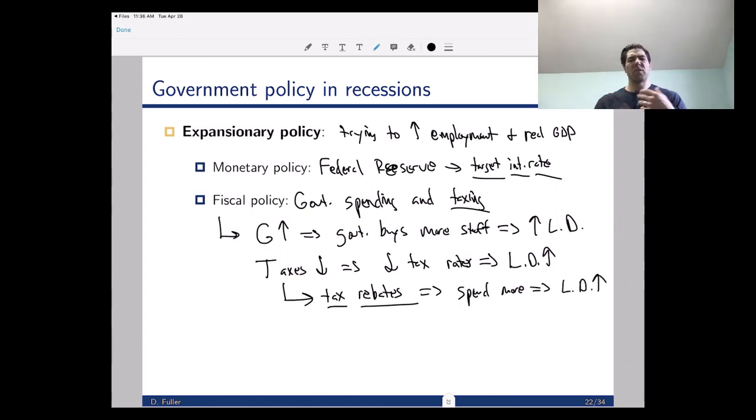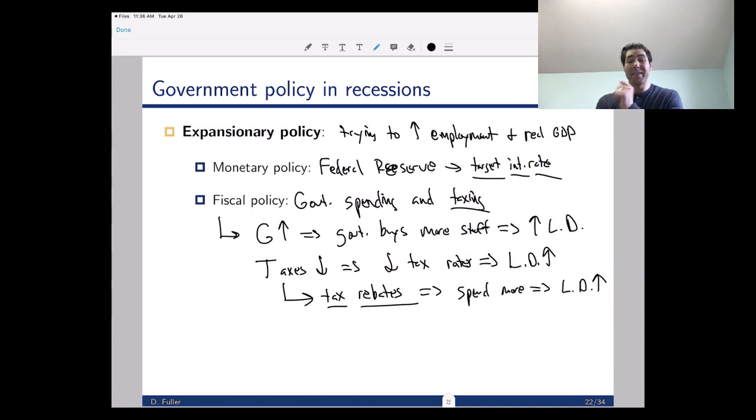So we'll get into specifically why labor demand might decrease and what role overall demand for goods may play in that. But the goal of the expansionary policy is to ultimately cause labor demand to increase faster.